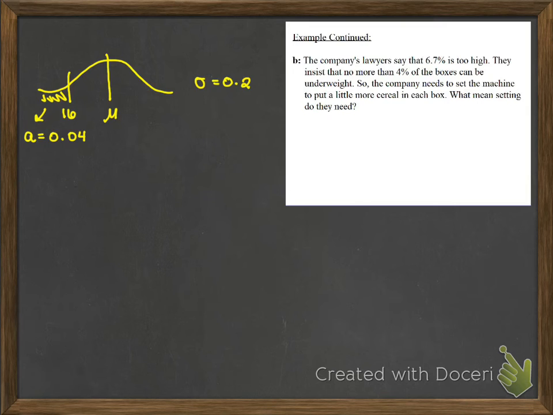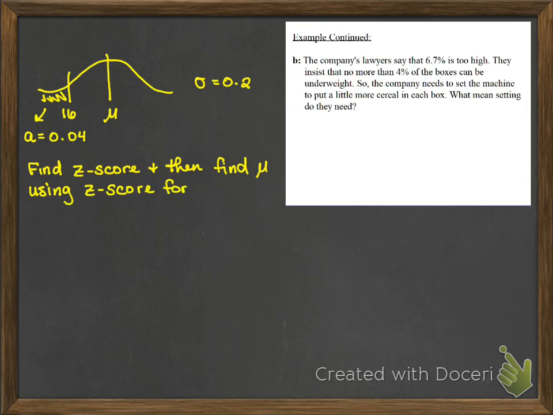So the question becomes, how do we find that mean? We have the area underneath the curve. So if we try to do inverse norm, it asks for the area, the mean, and the standard deviation. We don't have that mean, so we can't use inverse normal distribution. So instead, what we're going to do is we're going to go to our z-scores. We're going to find the z-score using our standardization of scores, and then from there we can find the mean using the z-score formula.